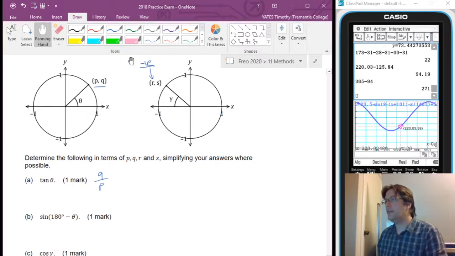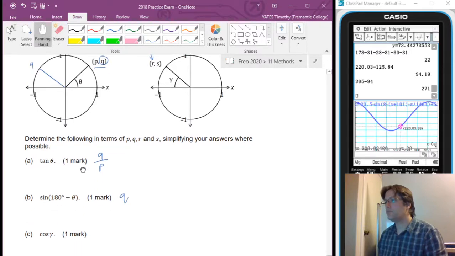So what's sine of 180 take theta? That's going to be the angle going up there, like that. It's still going to be the same one, so Q is still going to be Q over this side. P hasn't changed, so it's still going to be Q over there.